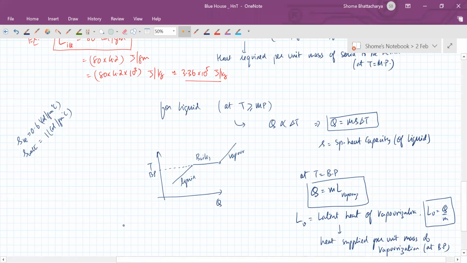So for latent heat of vaporization of steam, it is approximately 540 calories per gram, which is equal to 540 into 4.18 into 10 raised power 3 in joules per kg. So that becomes this much.